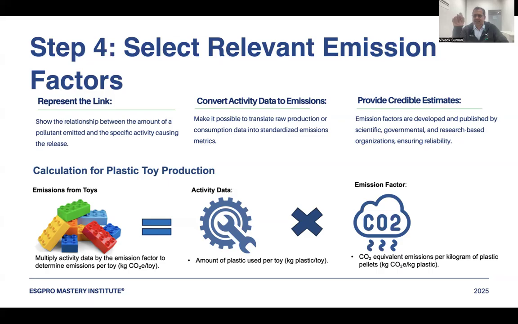I will take the emission factor which is relevant to the plastic, specifically the plastic kind which we are using. You have to be very specific, right? Because there are different types of plastics as well. And once I have that number, you multiply it with the amount of plastic used per toy, and you get how much carbon dioxide has been emitted by this particular toy.